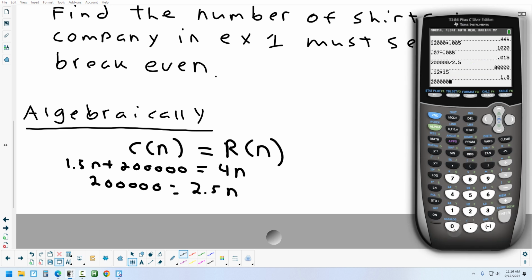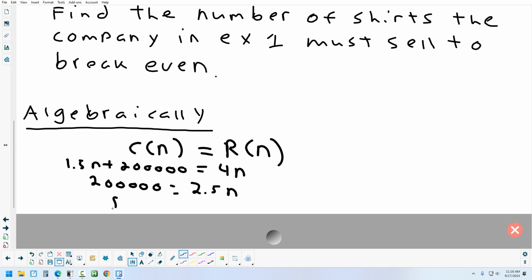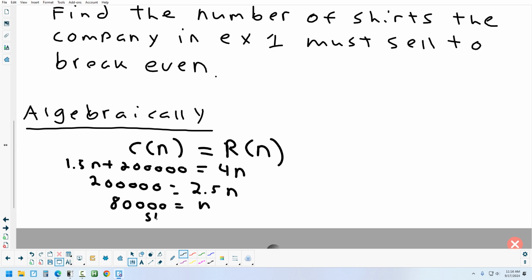So 200,000 divided by 2.5, 80,000. So that's how you can solve a break-even point algebraically. Set the cost equal to the revenue.